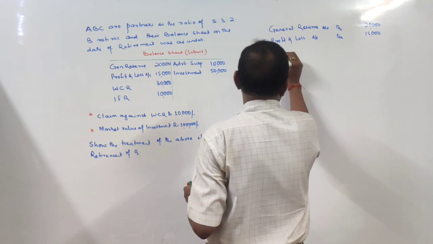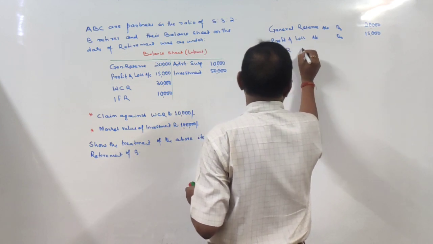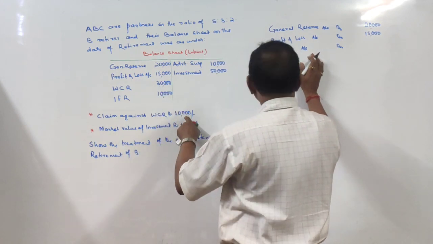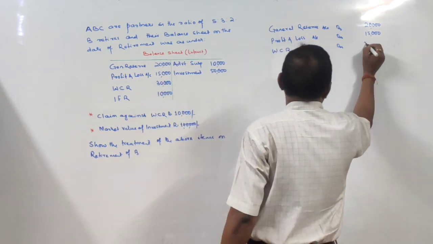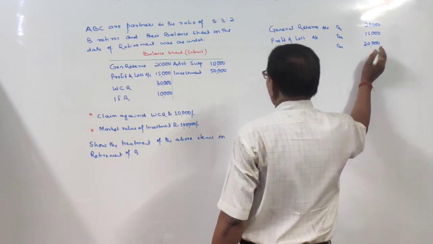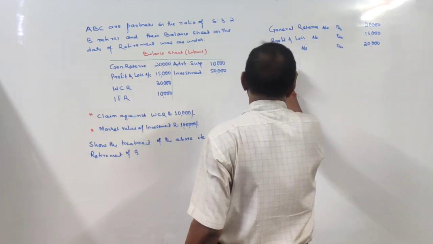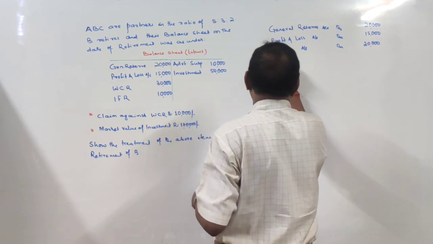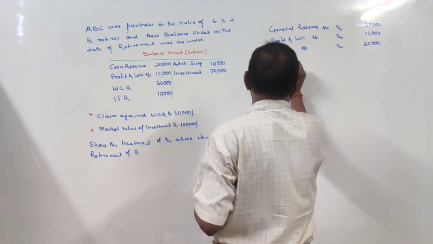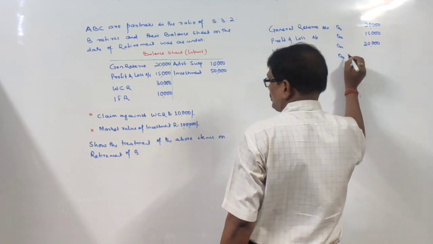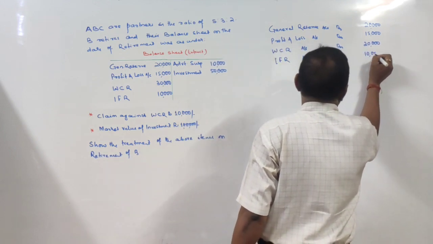Workmen compensation reserve account debit. Now out of the total reserve 30,000, 10,000 was claimed, so remaining 20,000 need to be distributed among the partners. Investment fluctuation reserve is totally unused because the market value of the investment is 1 lakh. So that total reserve, investment fluctuation reserve, will be credited to old partners in the old ratio, that is 10,000.